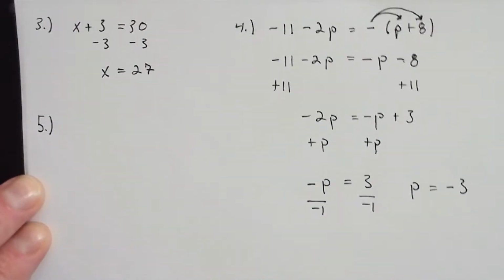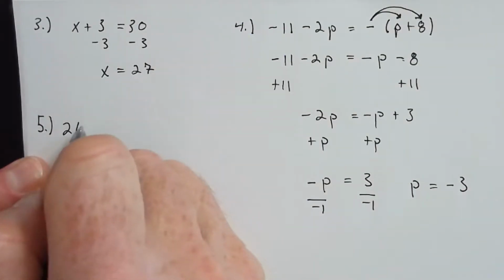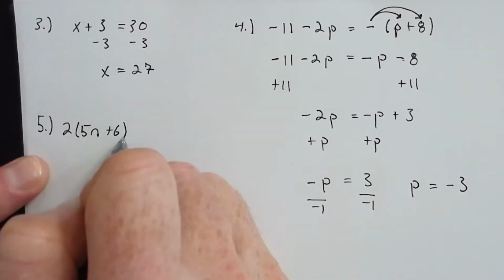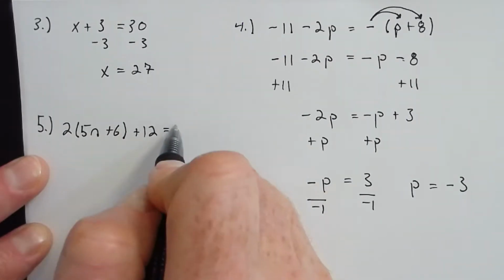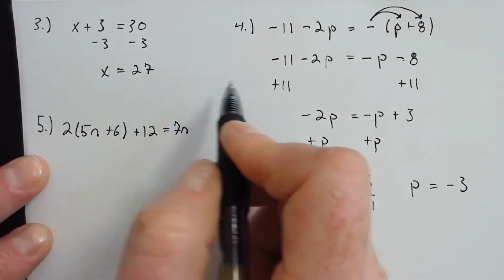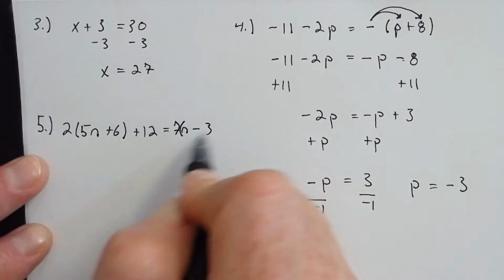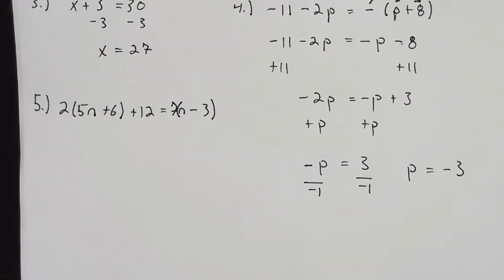Number 5. So 2 times (5n plus 6) plus 12 is equal to 7 times (n minus 3).